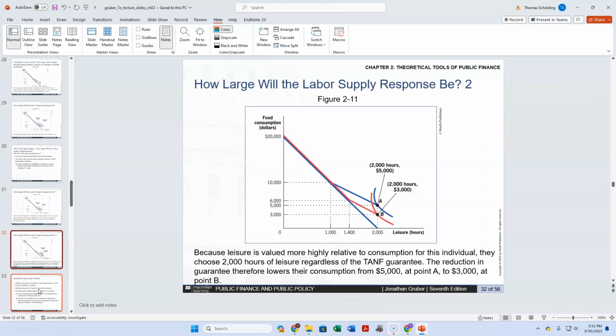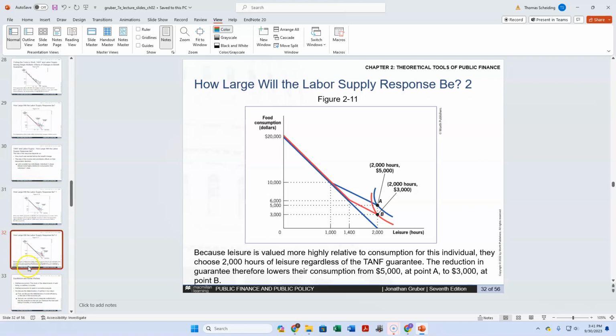What we have to be careful about here is, what happens if the benefit is enough to allow the individual to not have to work at all in either situation? What if the TANF benefit was large enough that the person didn't have to work?